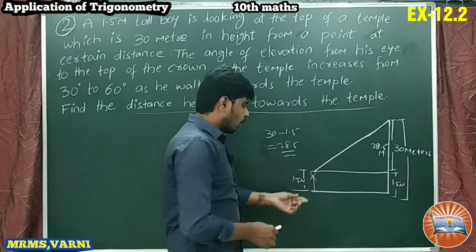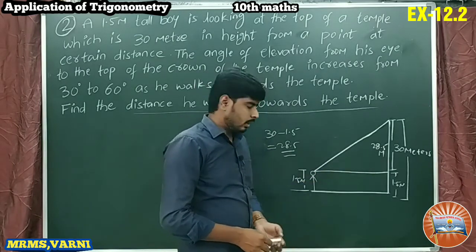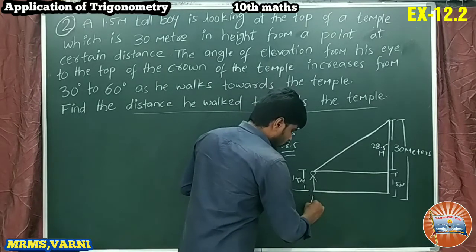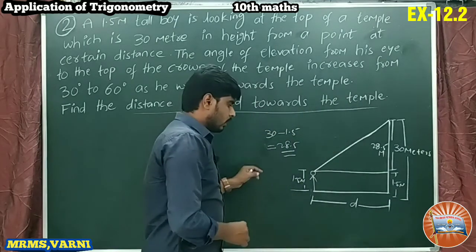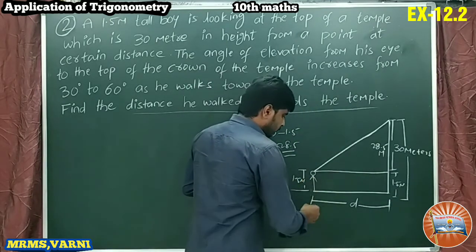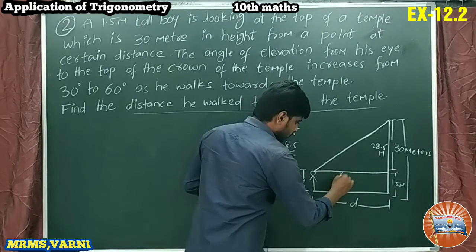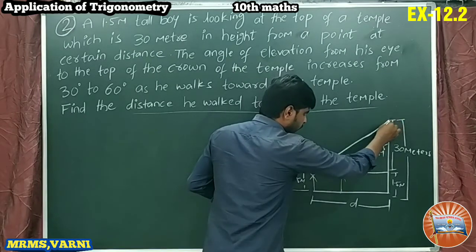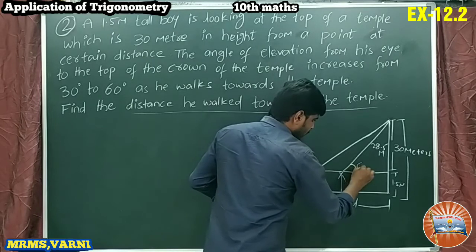This boy is moving towards the temple. Initially the boy is here, and from here to here the distance is D. He is moving forward, so suppose he came here. Again he is watching the top of the temple, and now the eye makes an angle of 60 degrees.